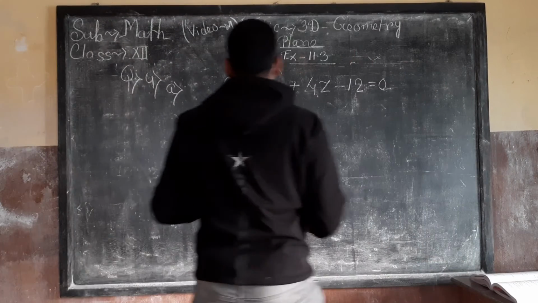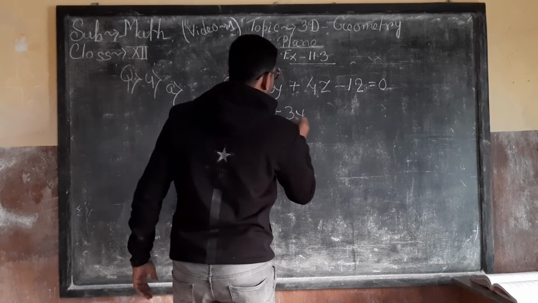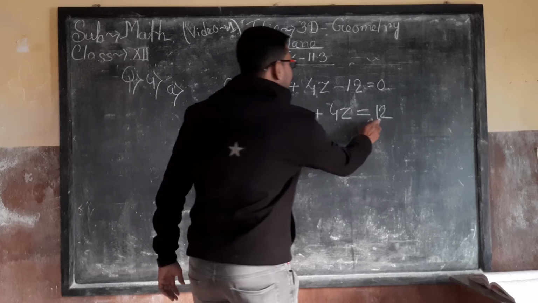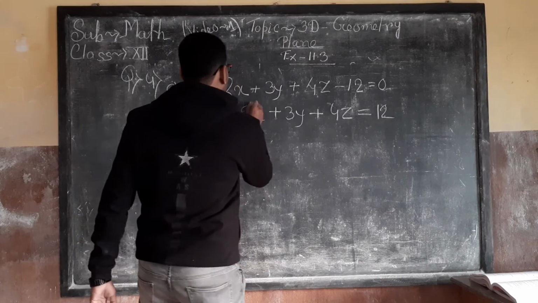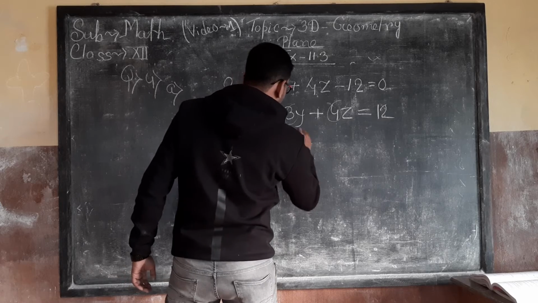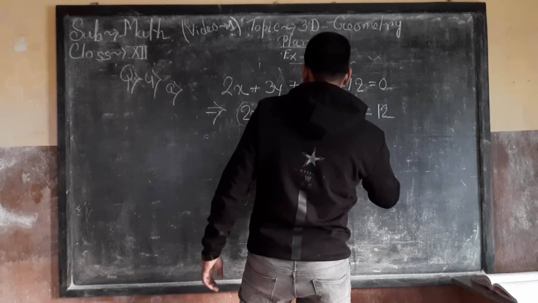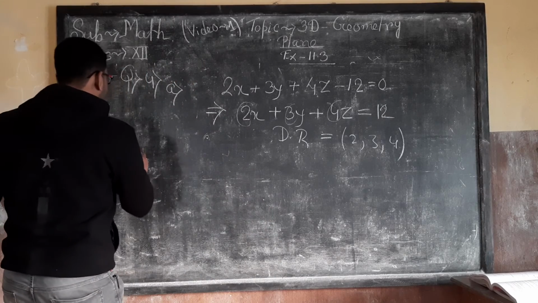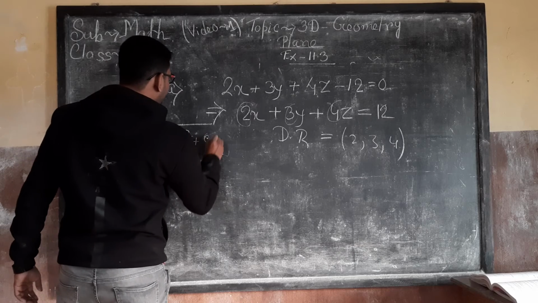From this we can write 2x plus 3y plus 4z is equal to 12. It is of the form ax plus by plus cz equal to d, and that means 2, 3 and 4 is the direction ratio. So the direction ratio of the normal to this plane is 2, 3, 4.